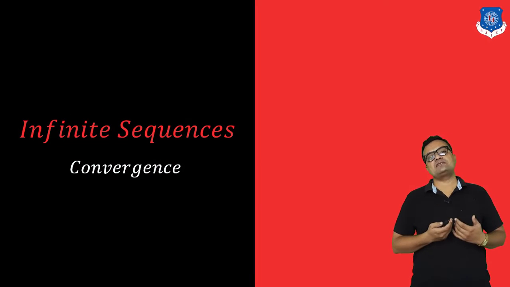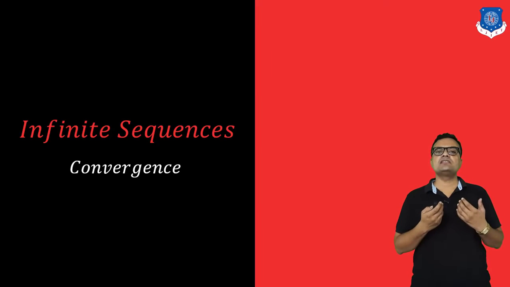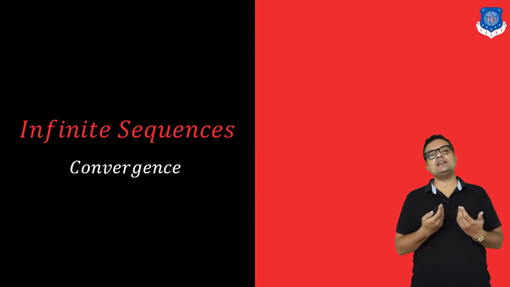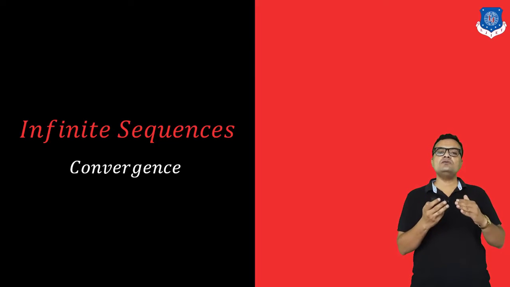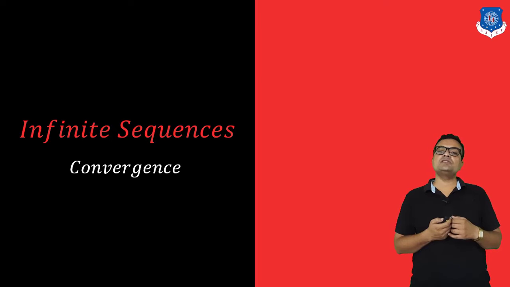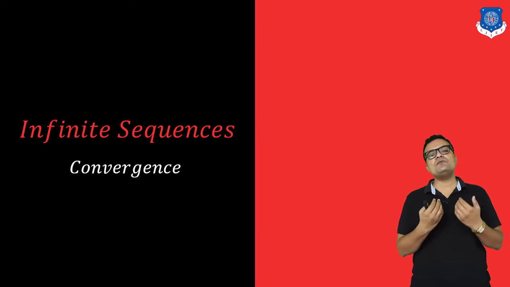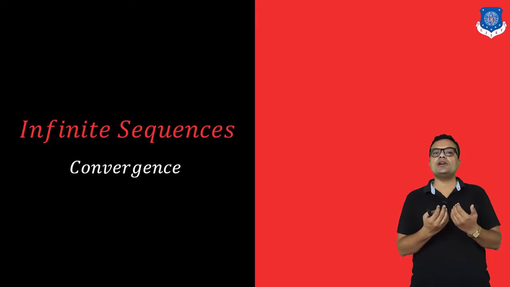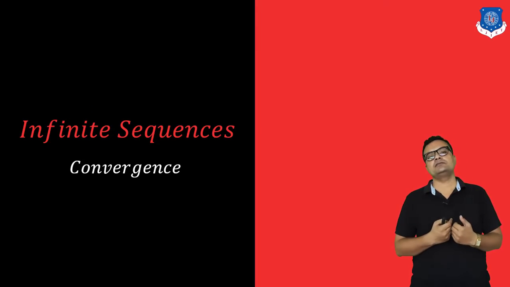Now coming to the next part: after considering this, whether this increasing, decreasing or alternating sequence will converge somewhere or not. Now what do we mean by converge? Converge means whether there will be infinitely many points if I consider any particular point in its neighborhood.